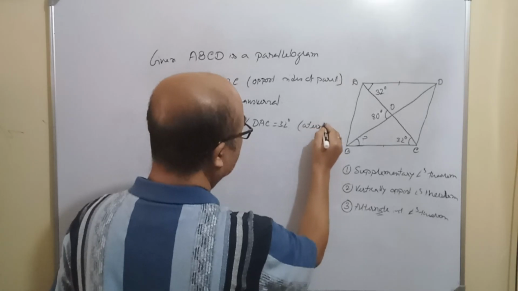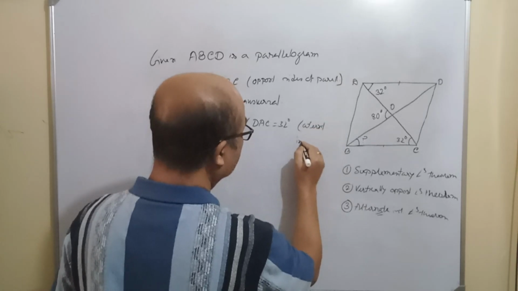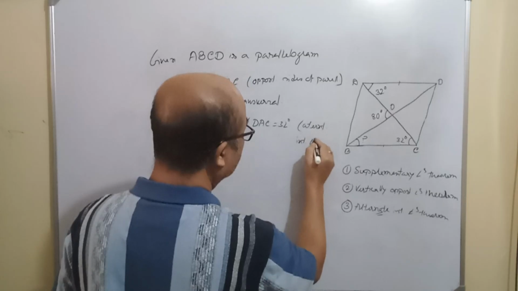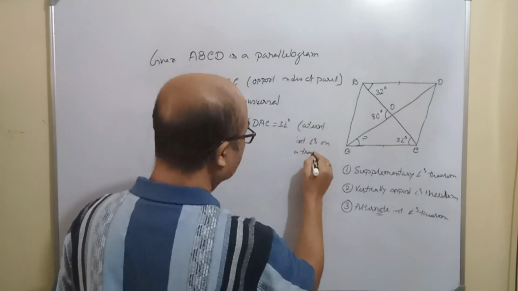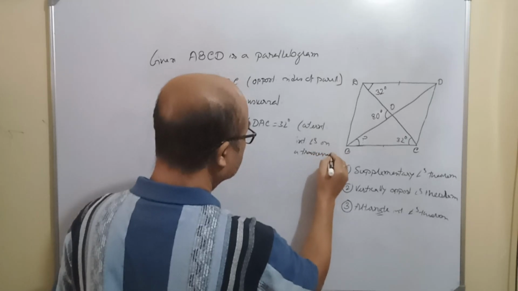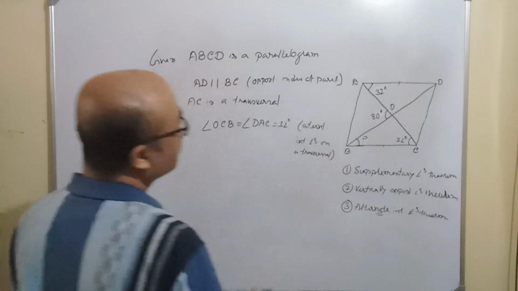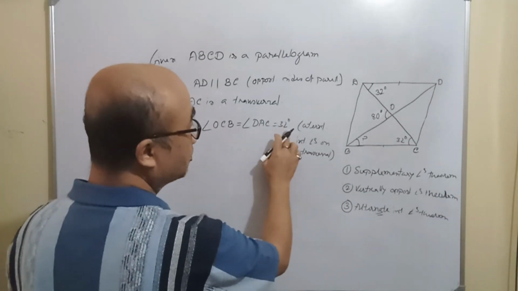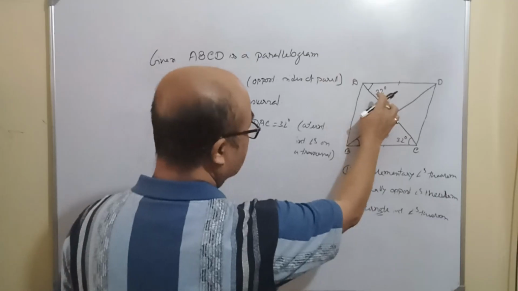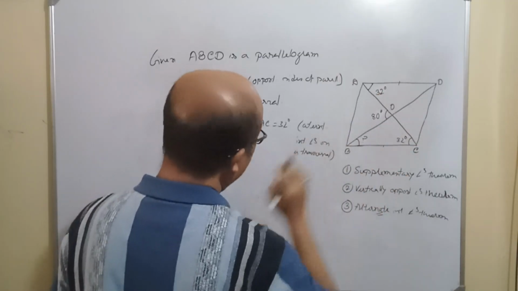Reason is alternate interior angles on a transversal. So OCB is 32 also. This is 32 and this is also 32.